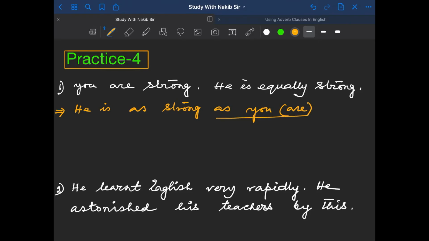This is a comparison, so it is an adverb clause. He is as strong as you are. We generally write as you, but as you means as you are. This is a clause.